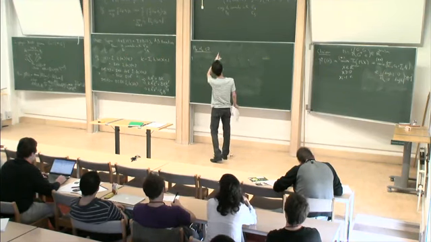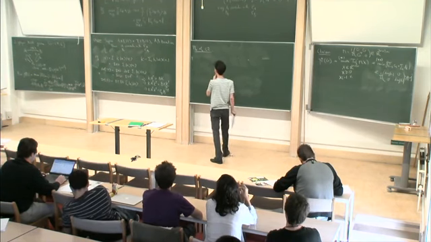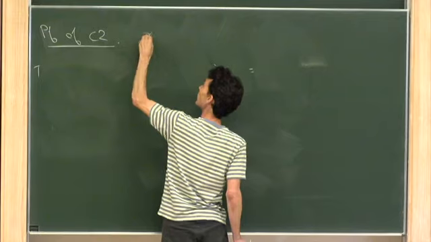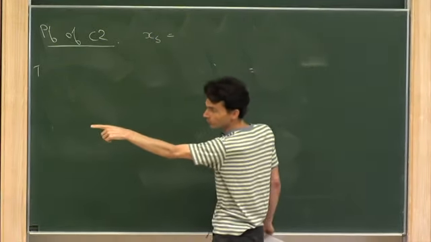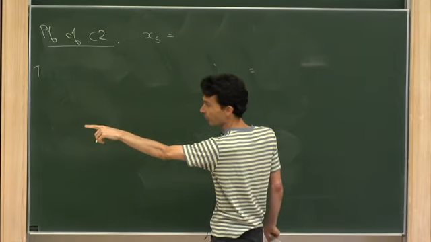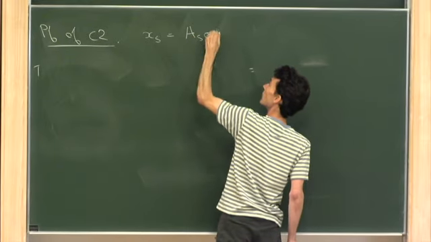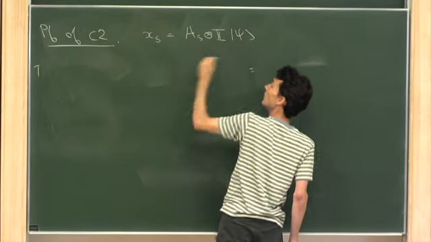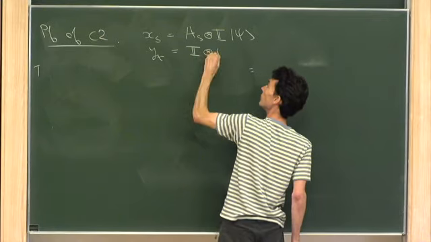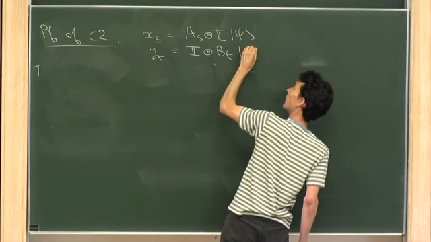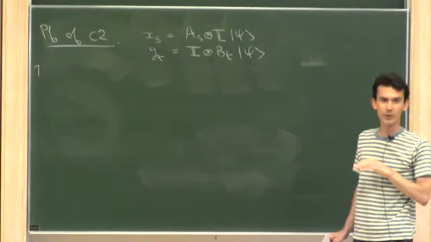So let's take, well, we already have it, right? So let's take this optimal strategy. Because it's an optimal strategy, if I look at the vectors that are derived from that strategy, like when we did in the proof of the equality that's all the way on the left there yesterday, so if I define these vectors, A_s tensored identity applied to psi, and I define a vector y_t, which is identity tensored B_t applied to psi. And let's cheat a little bit. Let's assume these vectors are real, right?